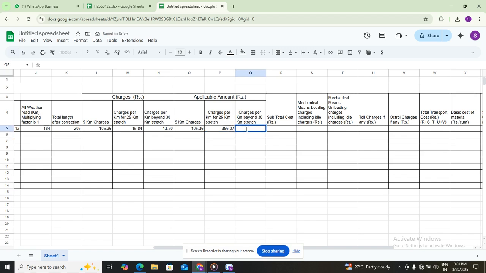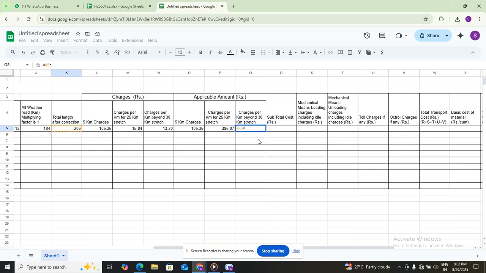Other charges are per kilometer beyond the 30 kilometer stretch. Beyond 30 kilometers that the vehicle is going, we need how much money is applicable per kilometer. We need to remember the total distance is 200 kilometers. After correction it comes to 206 kilometers total distance. 30 kilometers is completed, remaining is the corrected length.